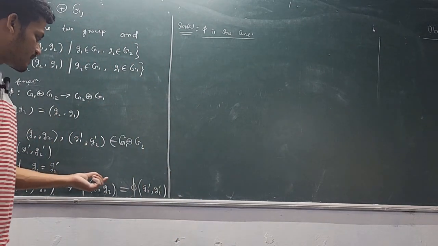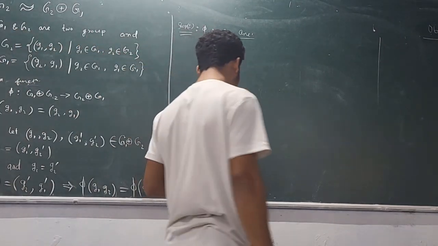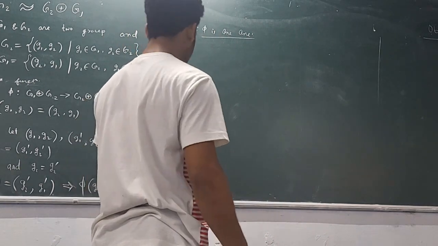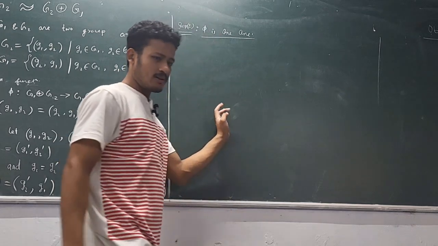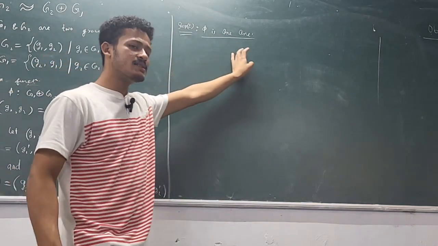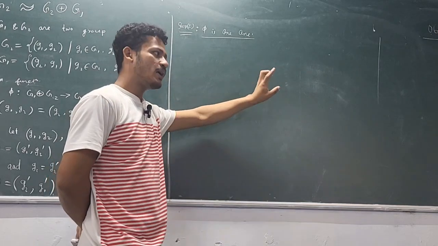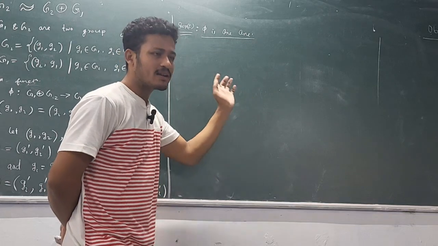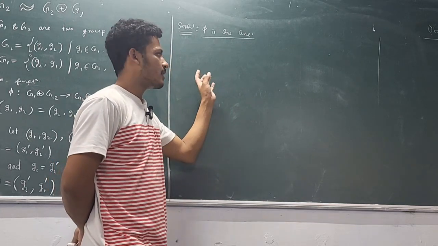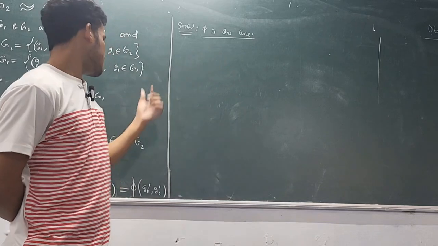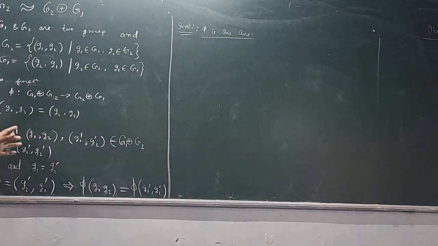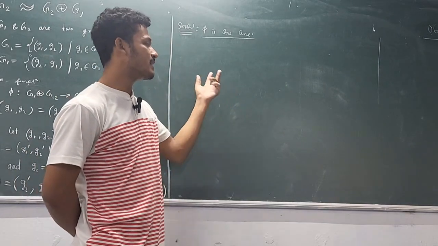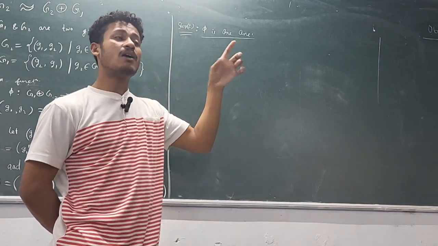To do 1-1, we can take any two images in the codomain that are equal and then show that the preimages are equal. This is one process. Another process is that if we take any two different elements in the domain, then their images are also different.